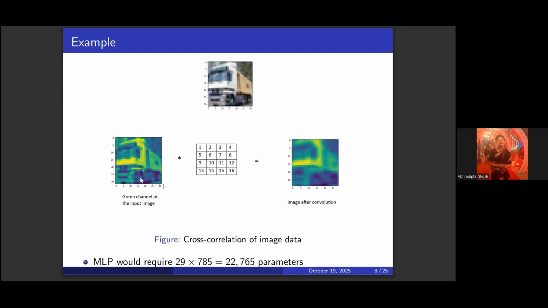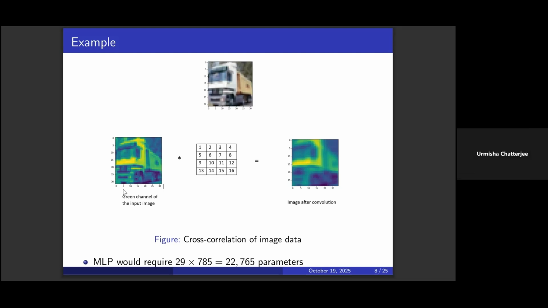Kernel size is 4 cross 4, right? Yeah, 4 cross 4. Then 28, plus 1, so nh minus kh plus 1. So it's 29.